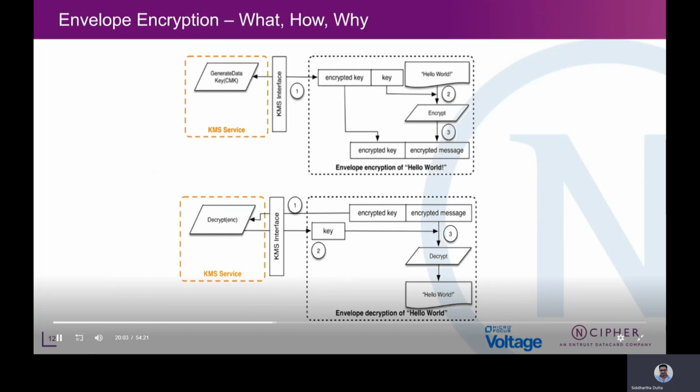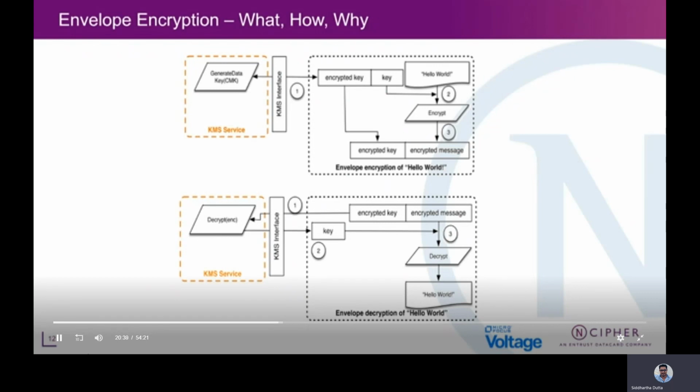As you can see from the diagram, you either generate an encryption key locally at the application layer, or you leverage the KMS and the CMK to generate that data encryption key. KMS will provide you with an encrypted version of that key. So you have the plain text key that will be used to protect the data, and you have the encrypted key. You use the plain text key to encrypt the data, and then the encrypted data and the encrypted key are stored together. That's the envelope.